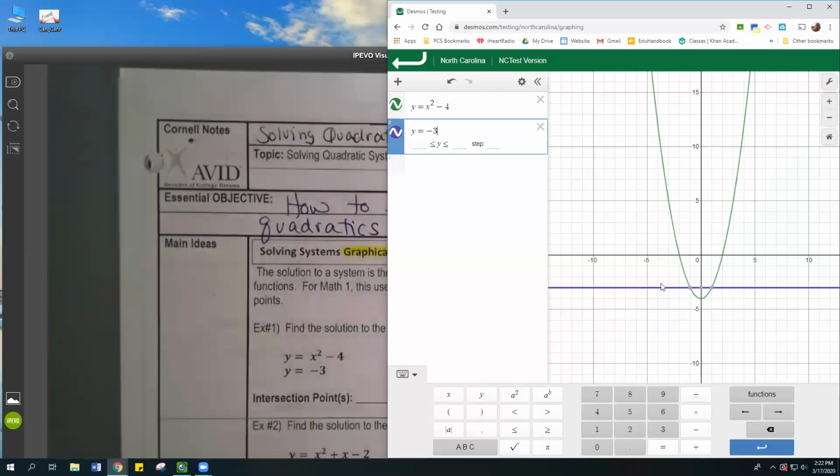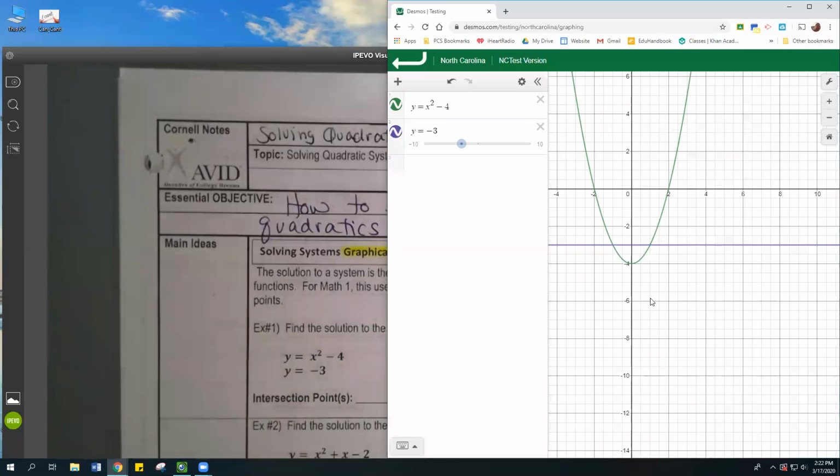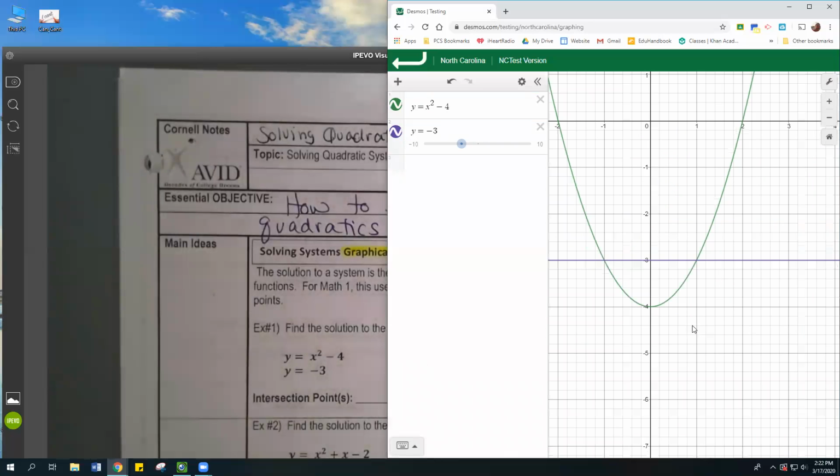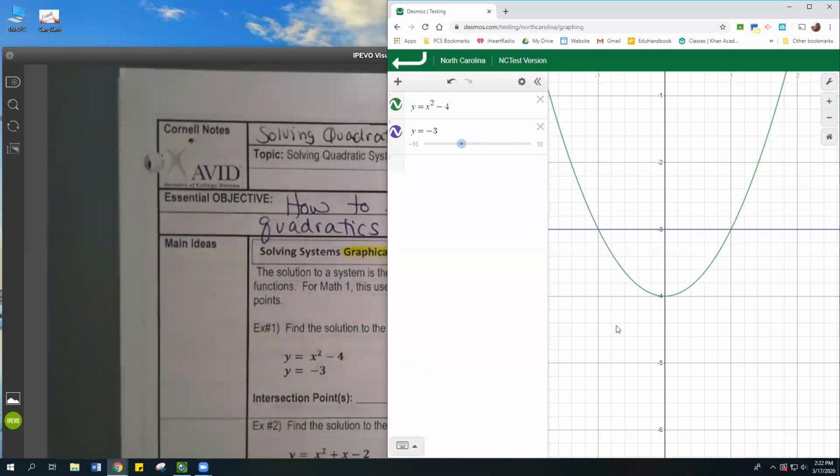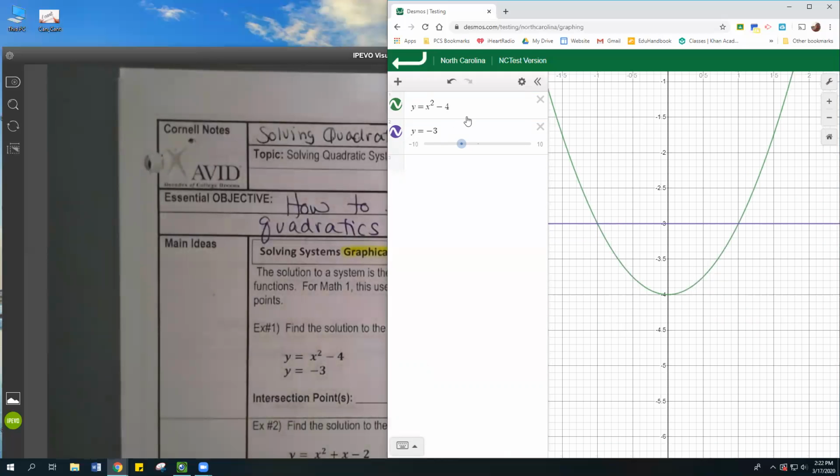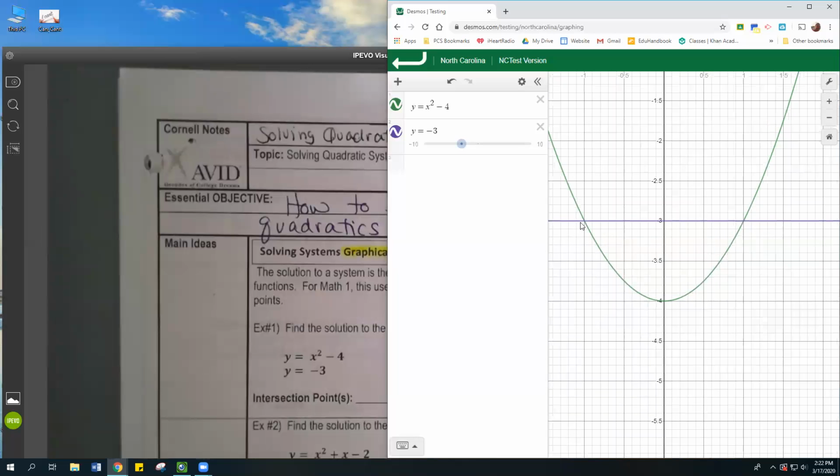So you can see here on the graph, I'm going to grab it and zoom in nice and tight. What you can see is that my y1, this green quadratic graphed here, and the purple linear guy, this line right here, share the same space right there.